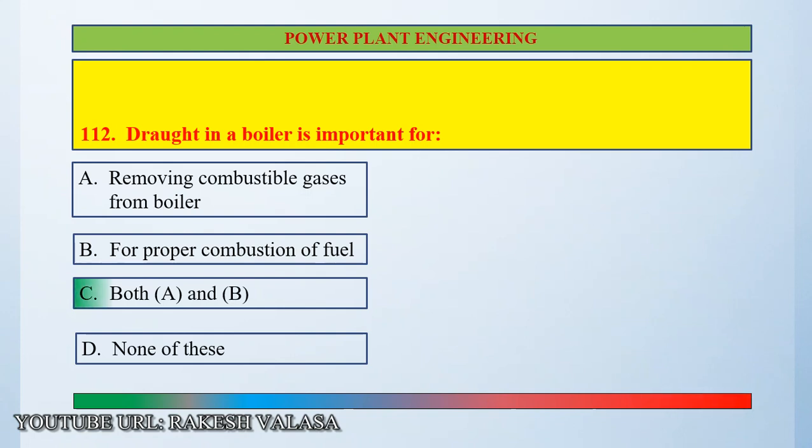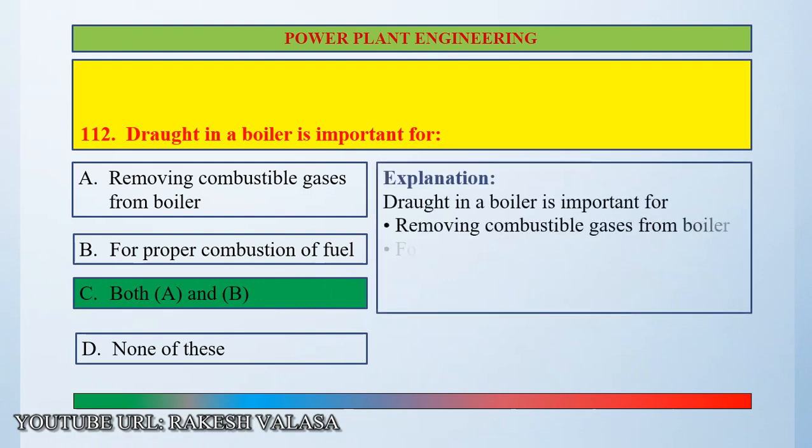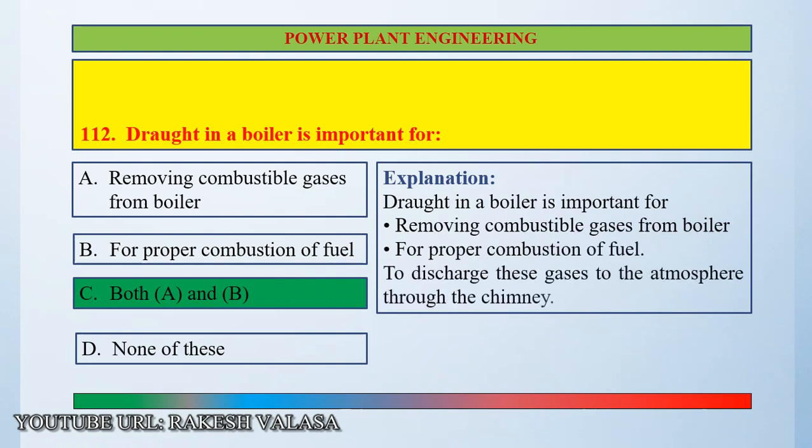Correct answer is both A and B, that is removing combustible gases from boiler and for proper combustion of fuel. Let us see the explanation. Draught in a boiler is important for removing combustible gases from boiler and for proper combustion of fuel to discharge these gases to the atmosphere through the chimney.